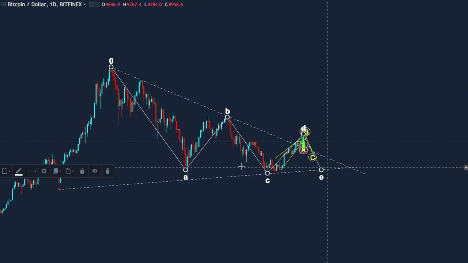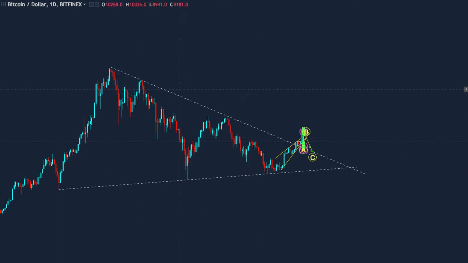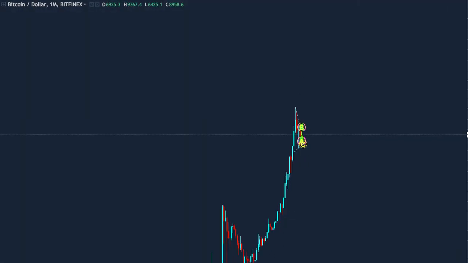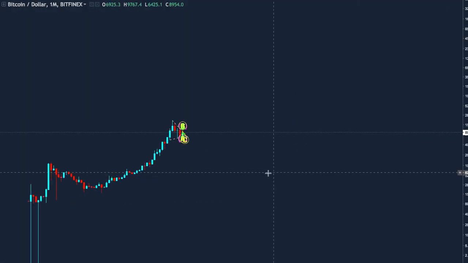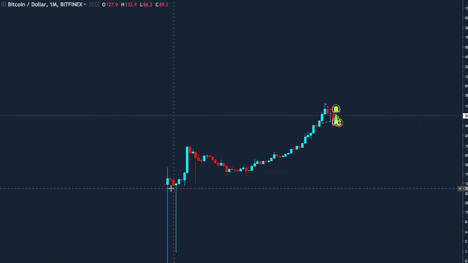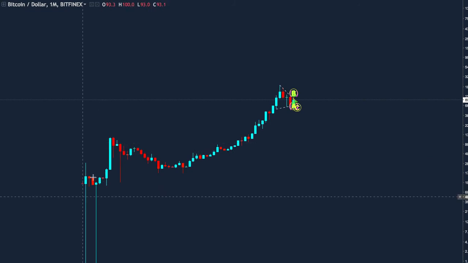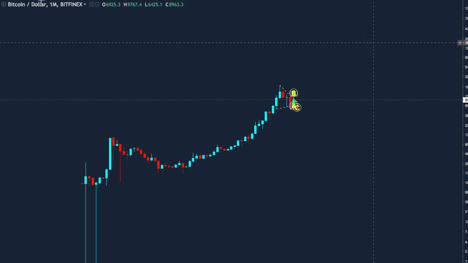And this pattern is bullish because it's an ABCDE in what I see as a larger wave for retracement. So this is Bitcoin since the beginning, and you have wave 1, 2, 3, 4, and we're looking for a 5. My projections are north of $100,000.